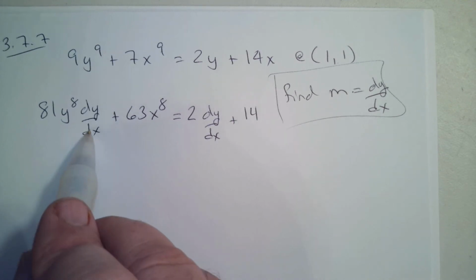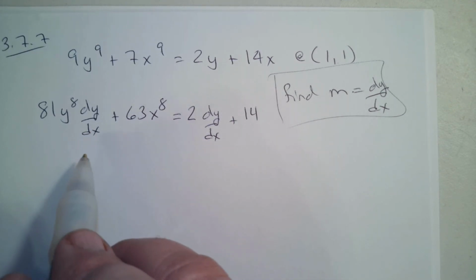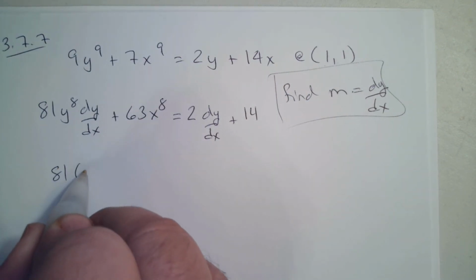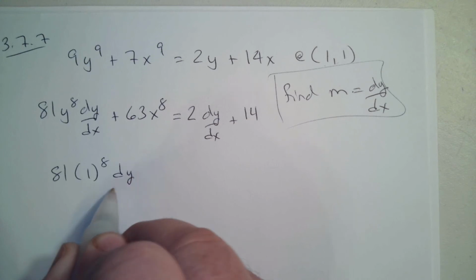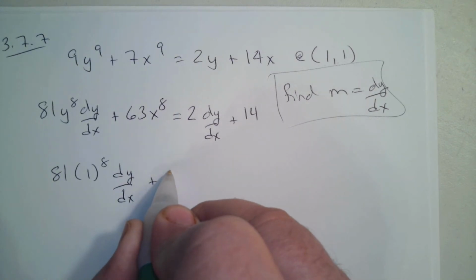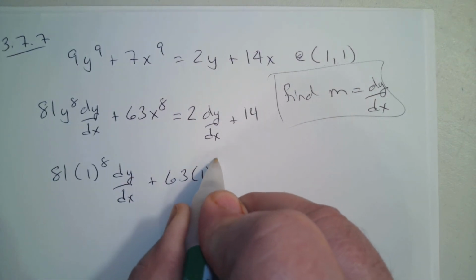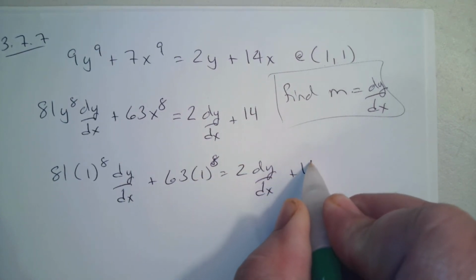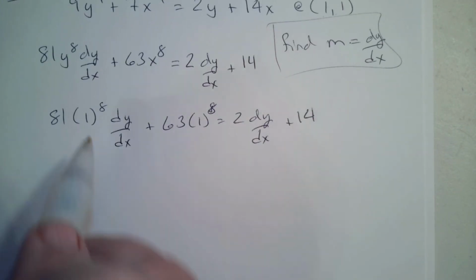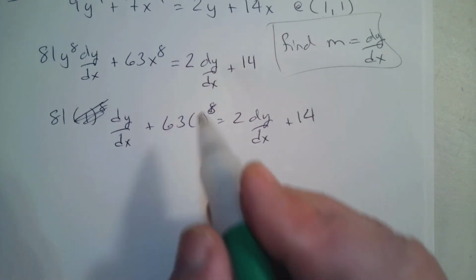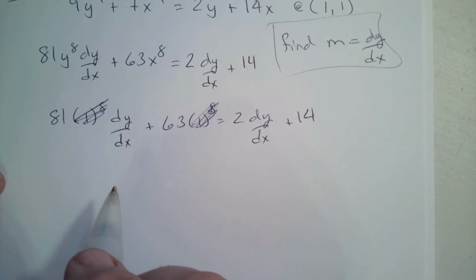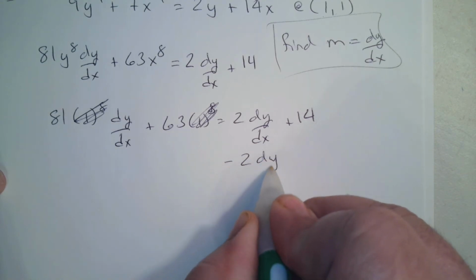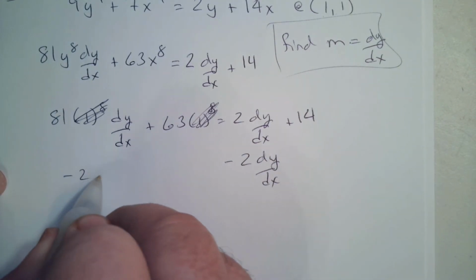Here, since we're looking for dy dx, we just put 1 and 1 in place of x and y. 63 times 1. So 1 to the power 8 is 1, so nothing happens there. So I subtract 2 dy dx from both sides.